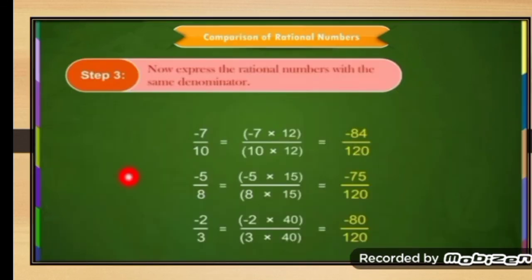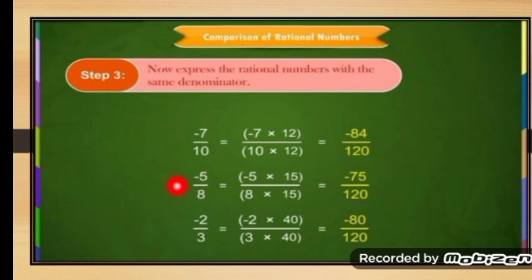Now according to step 3, we will make the denominators the same, equal to their LCM. So see the first rational number minus 7 by 10. To make 10 equal to 120, we will multiply it by 12 and we will multiply the numerator by 12 also. After multiplying, we get minus 84 by 120.